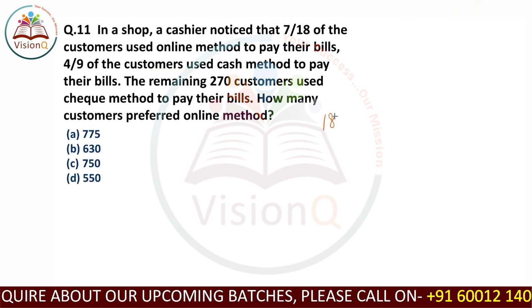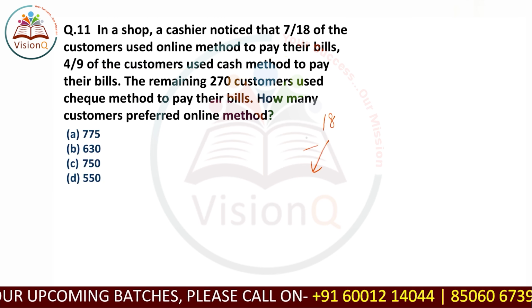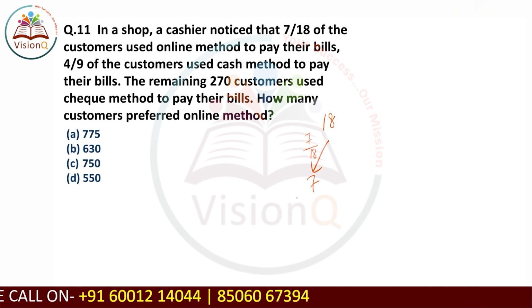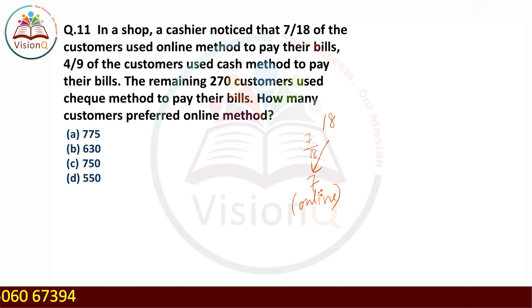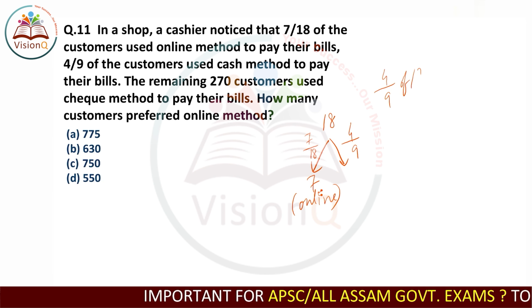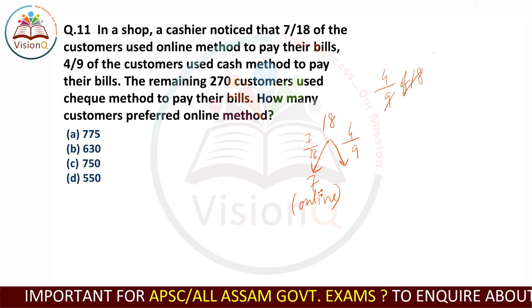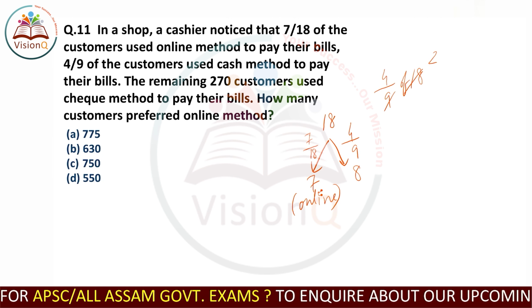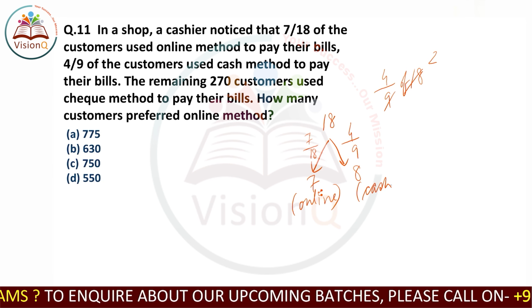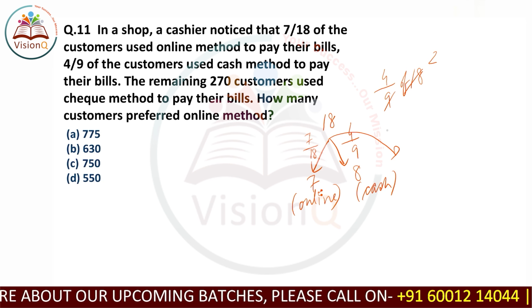Out of 18 customers, 7 customers obviously used the online method to pay their bills. Then 4 by 9 of the same 18 customers becomes 8, so 8 customers used the cash method.